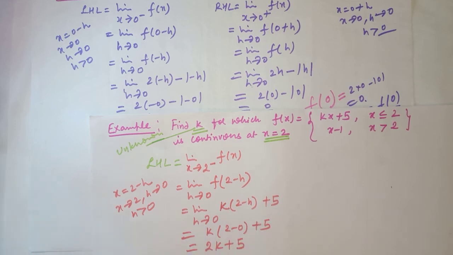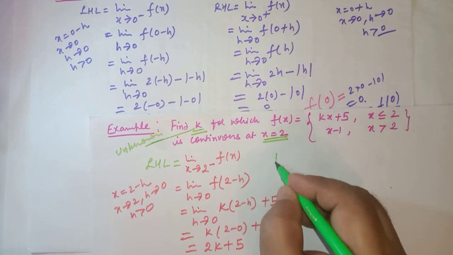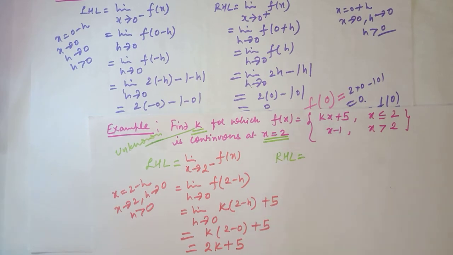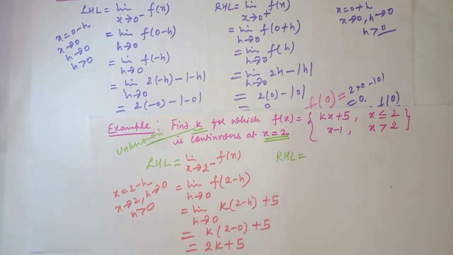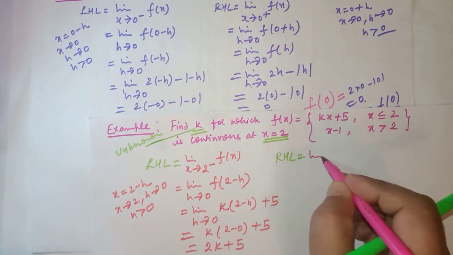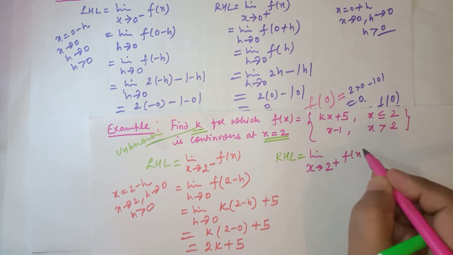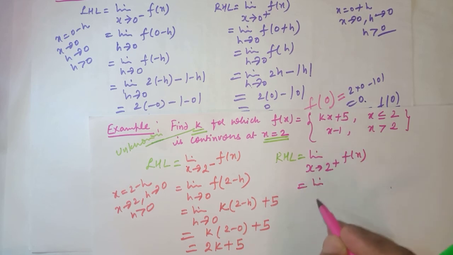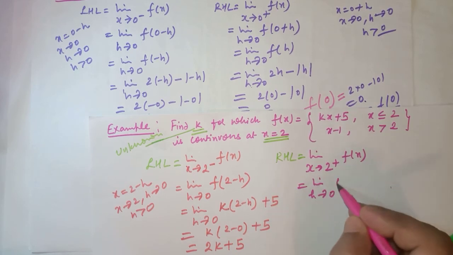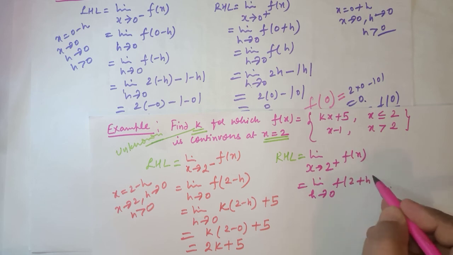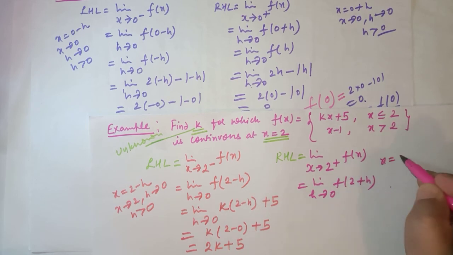Clear? Now let us find the right hand limit. So for the right hand limit, we will find limit x tends to 2 plus of f(x). Clear? So this is limit h tends to 0 of f of 2 plus h. Again we'll substitute x is equal to 2 plus h.